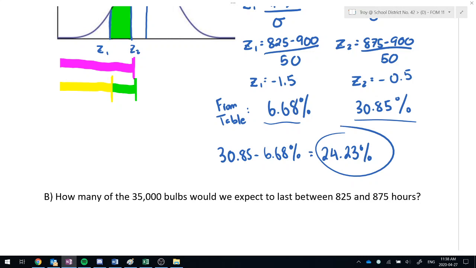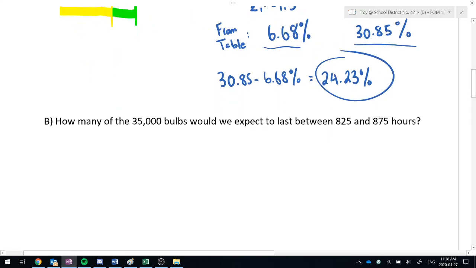How many of the 35,000 bulbs would we expect to last? Well, if it's 24.23%, all we've got to do is take that 35,000, multiply it by 24.23%, and we're definitely going to need a calculator for that one. So we'll do 35,000 times 0.2423.